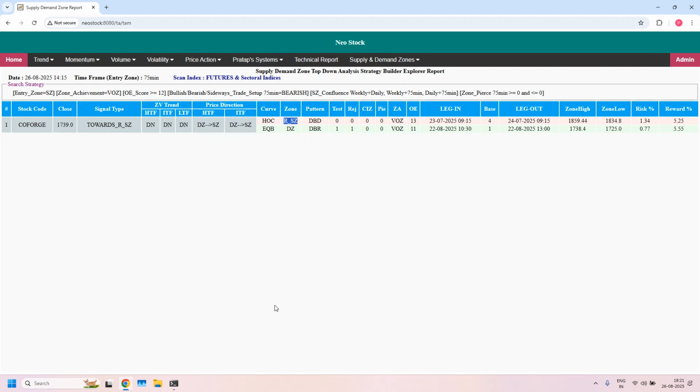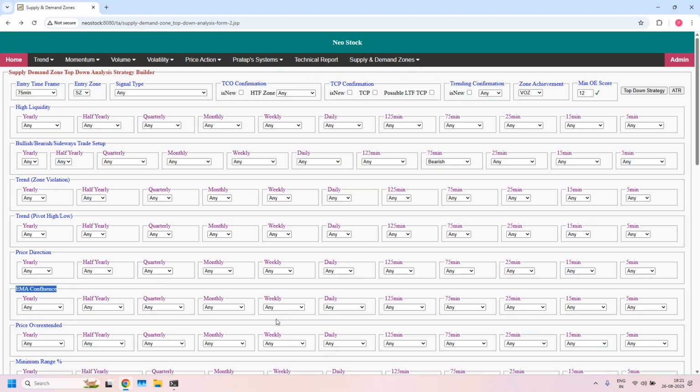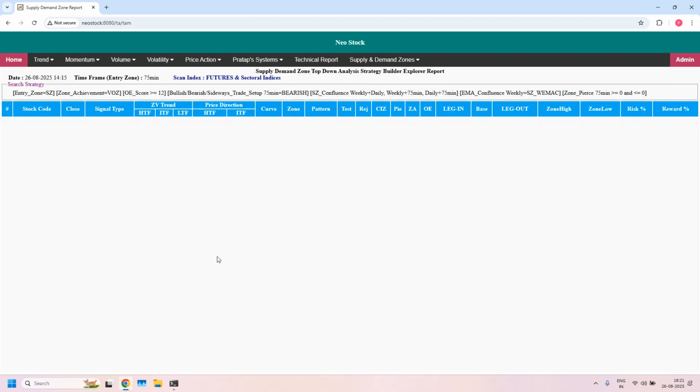Both together again overlapped with the weekly supply zone. The weekly trend is downtrend, so let us check if this stock has a weekly supply zone with weekly EMA confluence. So it does not have weekly EMA confluence. Okay, this is the bearish trade setup for weekly income trade.